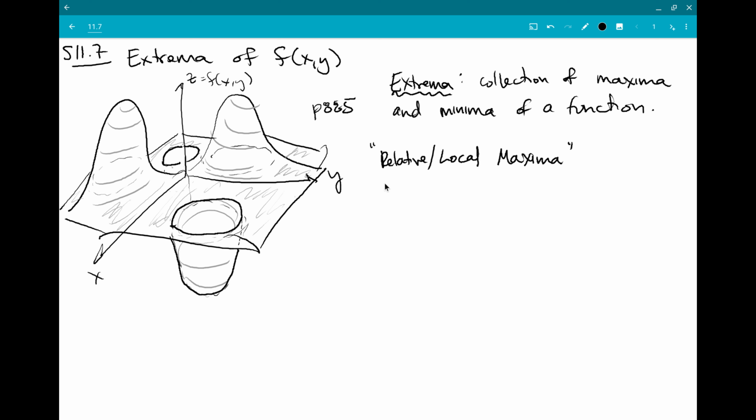So we're going to have the idea of relative or local maxima, and that just means that these are places where the value of the function is higher than anywhere else around it. So a larger value of f of x, y than anything nearby.